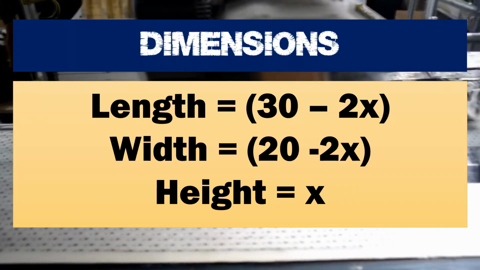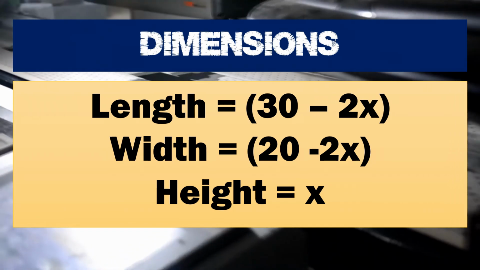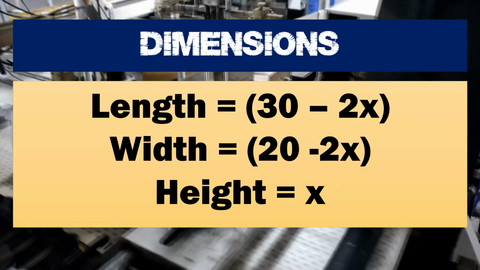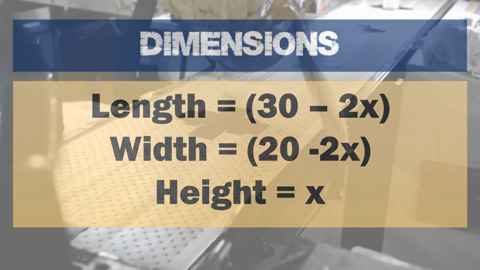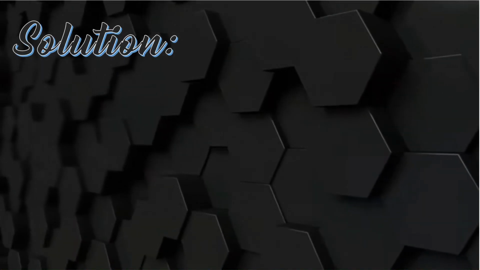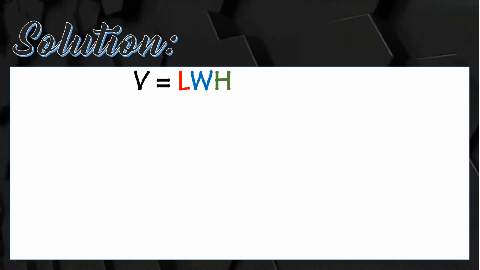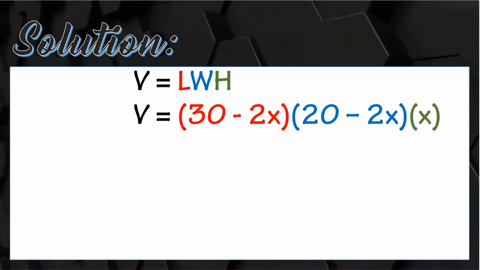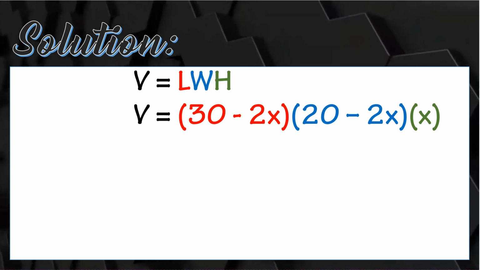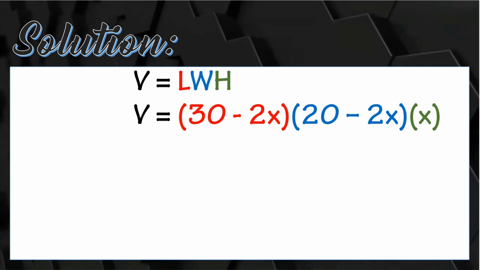Since we already have the dimensions of the box, we can now use the volume to solve for the dimension of the box by solving the given polynomial function. We will now have the volume equals the length, which is 30 minus 2x, times the width, which is 20 minus 2x, times the height, which is x.